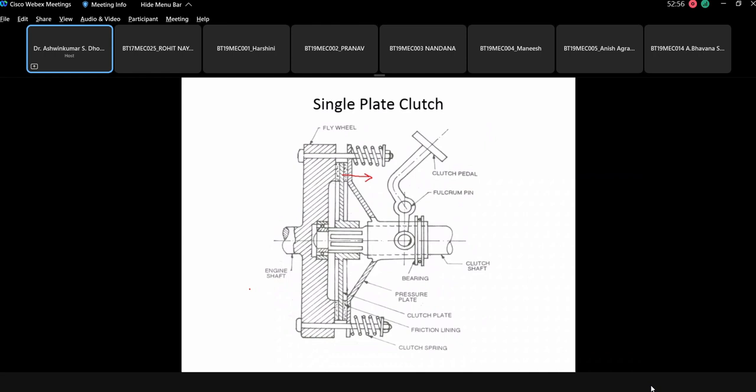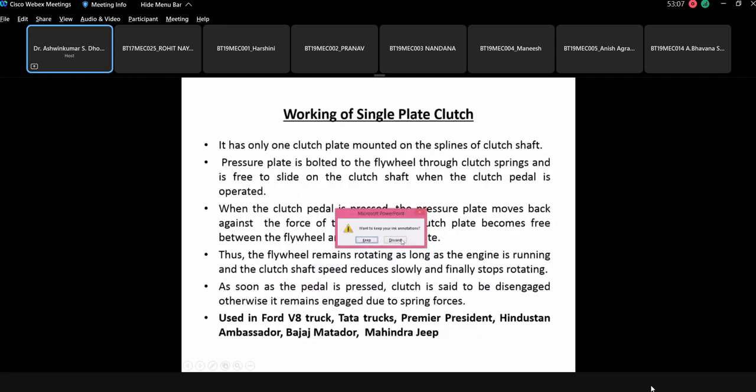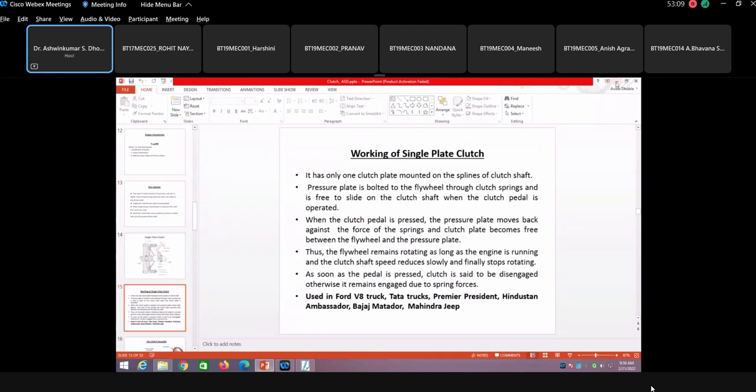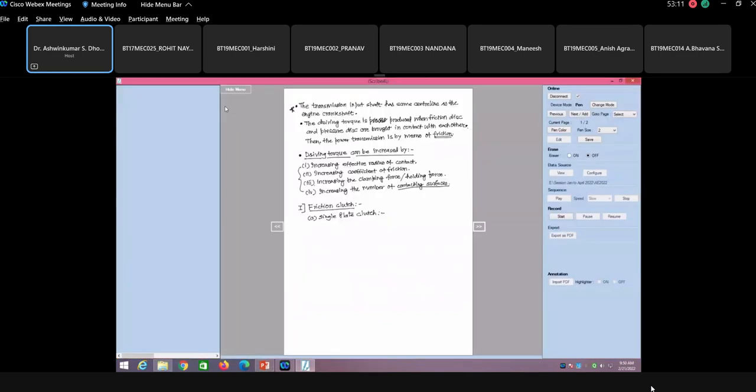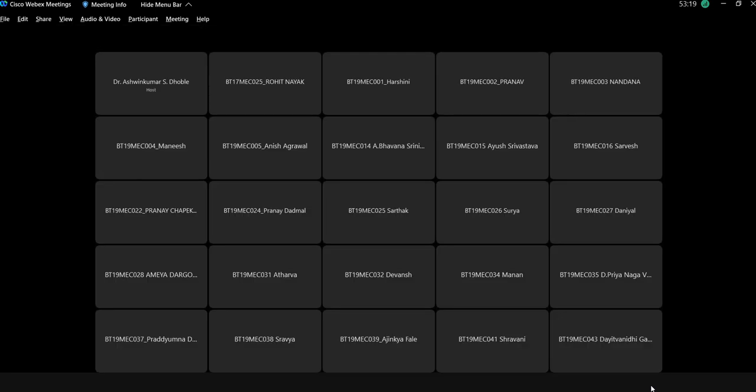We'll stop here. In the next class we'll do the detailed analysis of the single plate clutch, multi-plate clutch, their design theory and other things. Does anyone have any doubt? Otherwise, we'll stop here.